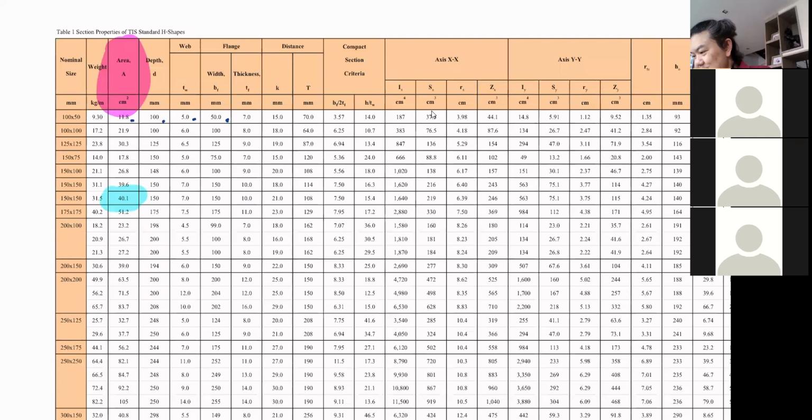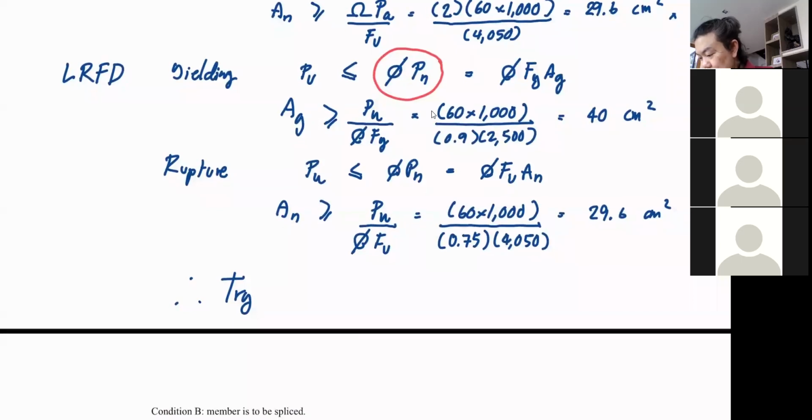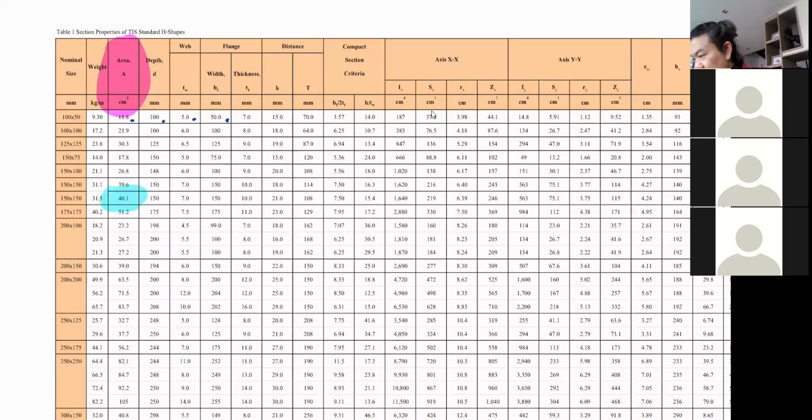Okay, so yes, we are going to use, I run out of space anyway, that's a small thing, H 150 by 150 by 31.5.